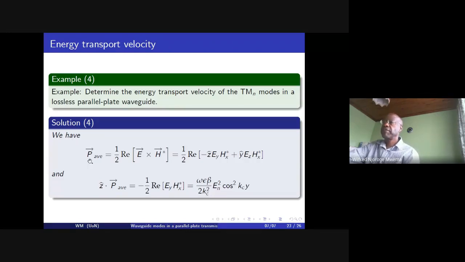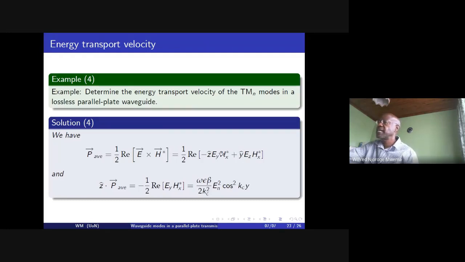So we have that P average is going to be given by a half of the real part of the Z component, that is what is going down the guide, plus, because Ez is not equal to 0, we now have a component that is going into the conductors. At the top plate, it will be going into the top plate, and at the bottom, this is going to be negative, and therefore it will go into the bottom conductor.